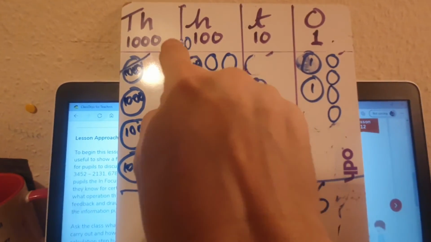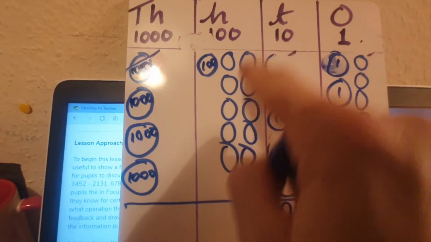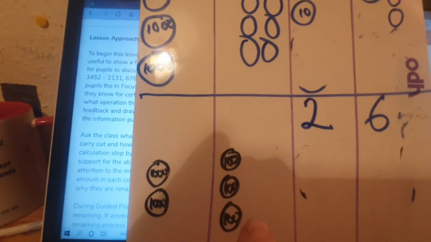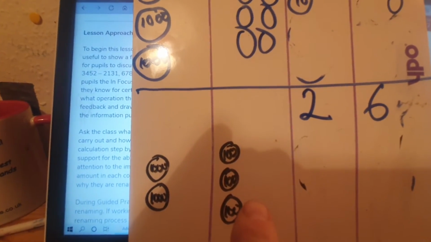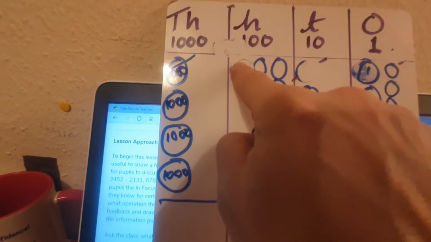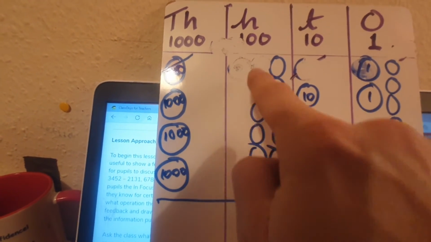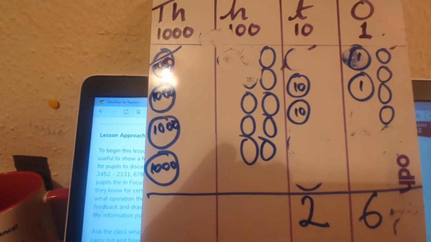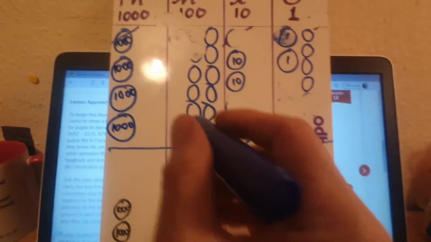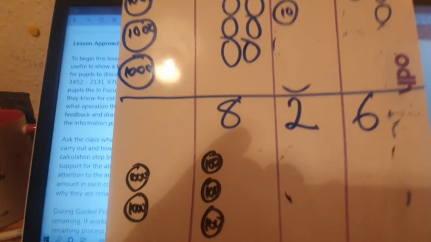So I don't need that 1,000 anymore. Okay, obviously they're all hundreds, so I've got 11 hundreds subtract 3 hundreds. So 11 subtract 3. 11 take away 1 is 10, take away another is 9, take away another is 8. So I'm now left with 8. So 11 take away 3 is 8.